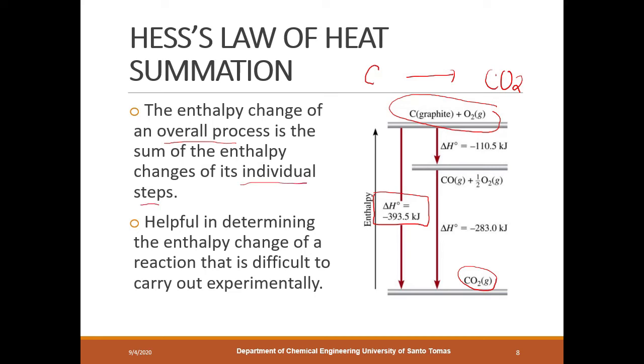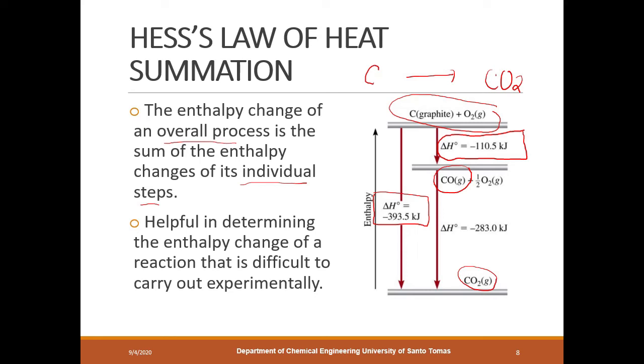Remember that carbon can actually undergo incomplete combustion with oxygen. So if that happens, carbon, when it reacts with oxygen, would only obtain carbon monoxide first. And if that happens, it will be utilizing lesser energy at negative 110.5 kilojoules.